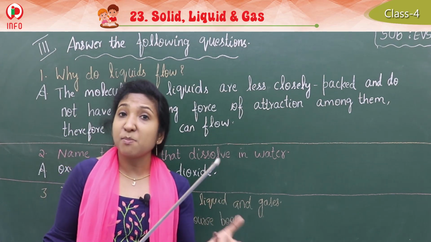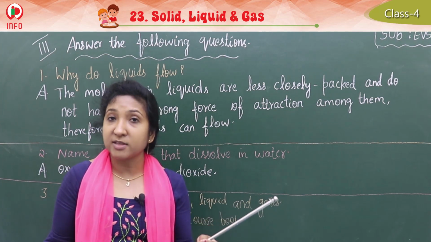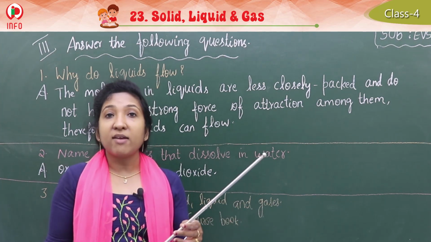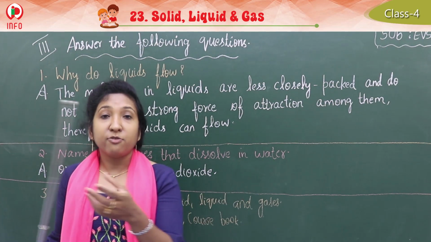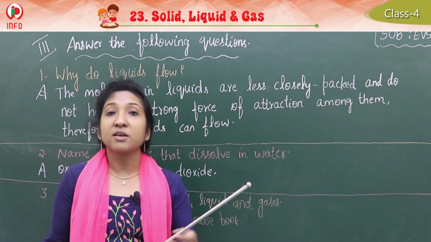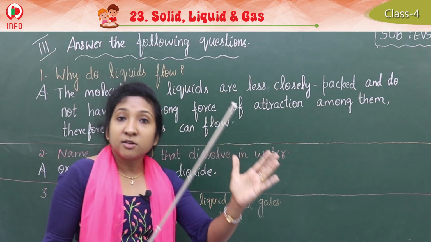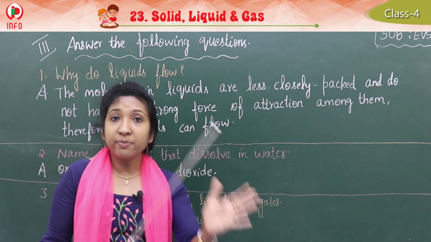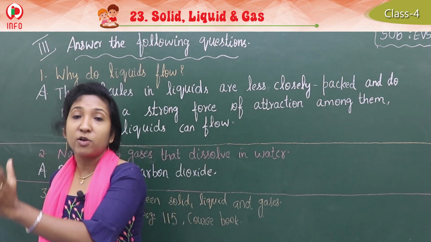Or some other examples you can also write, like chair, table and so on for solid. For liquid you can write juice, soup and so on. And for gas you can write oxygen, carbon dioxide. Okay. Then first difference is solids have definite shape and volume. Liquid does not have definite shape but it has definite volume.